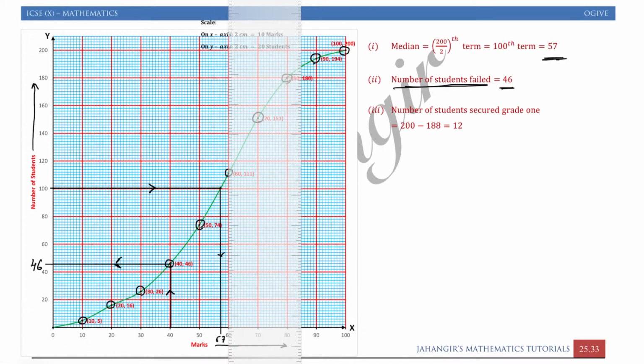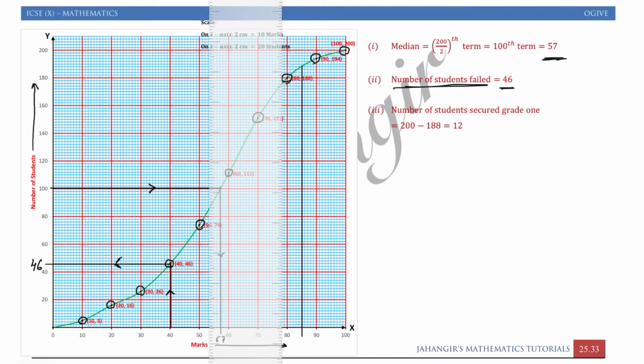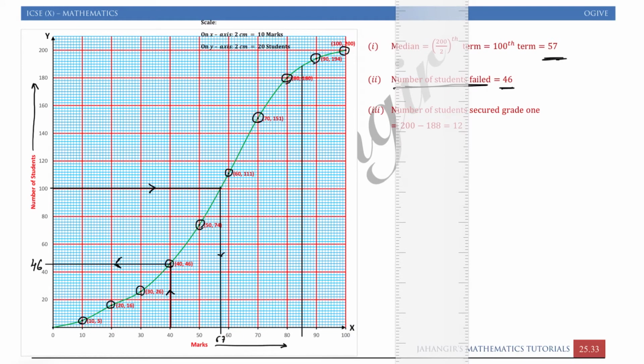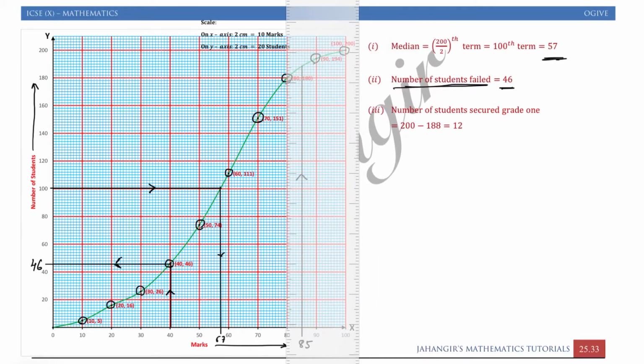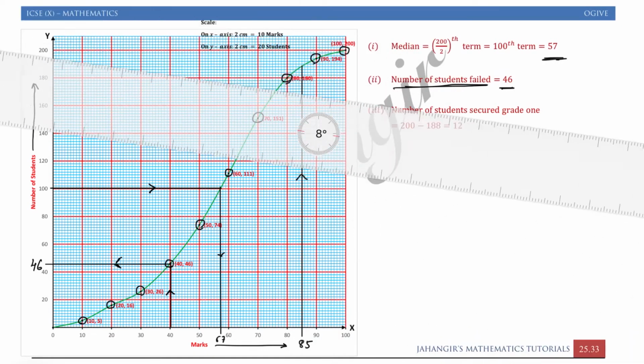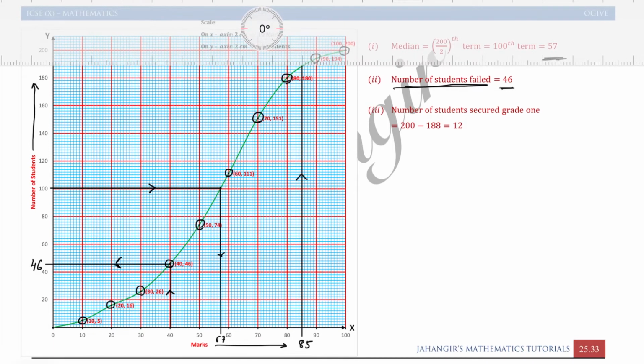So we will draw a vertical line from 85, and then you have to draw a horizontal line from 85.